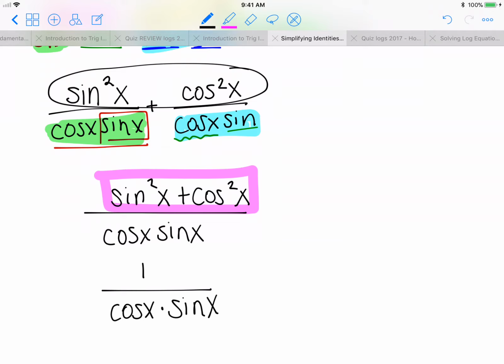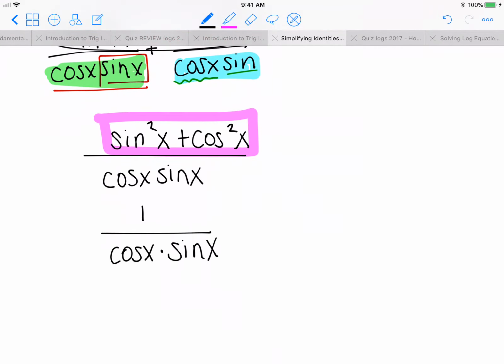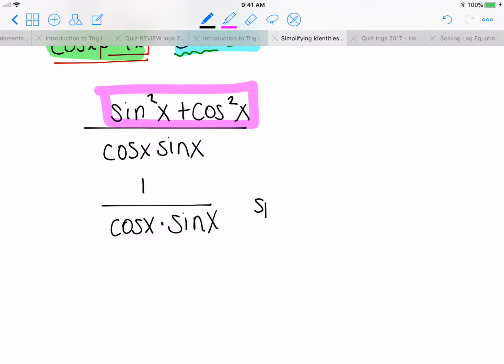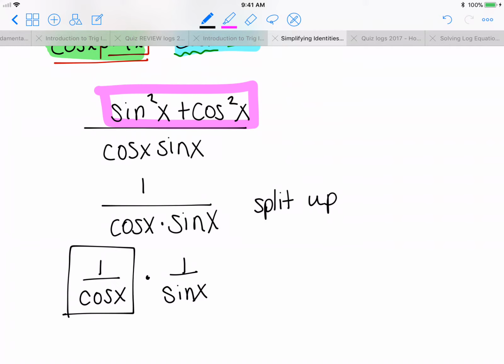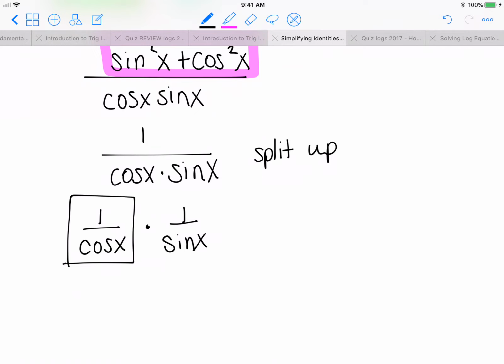Well, we're still not down to our cosecant times secant. Does anybody see what maybe we could do to get there? Well, we could split them up. So we can have 1 over cosine of x times 1 over sine of x. Well, 1 over cosine is going to give us secant x.